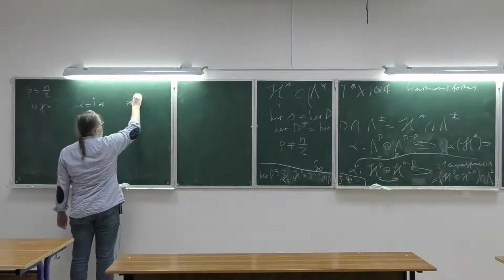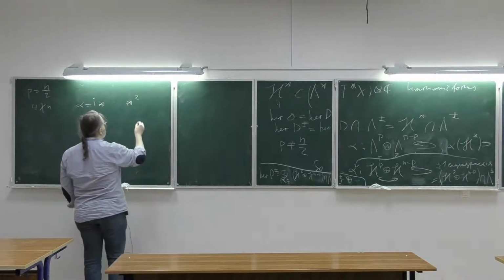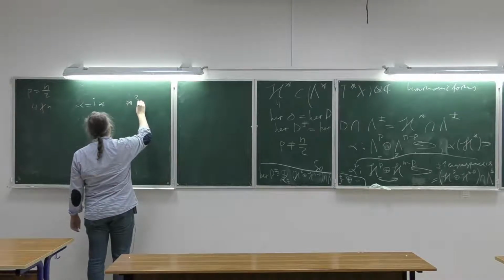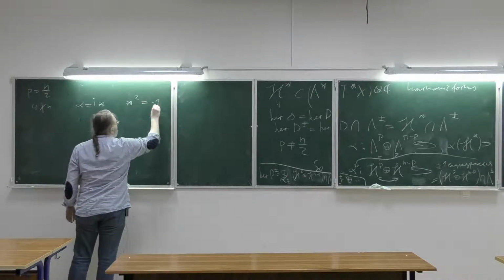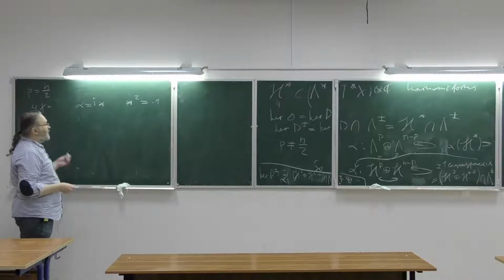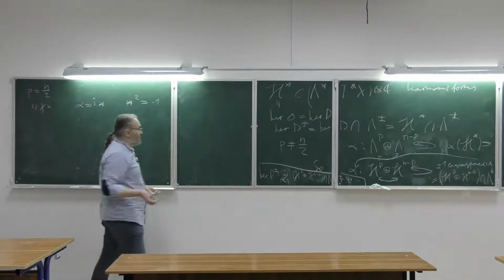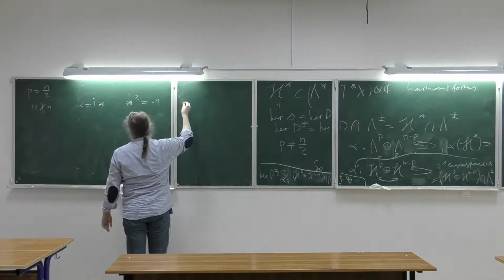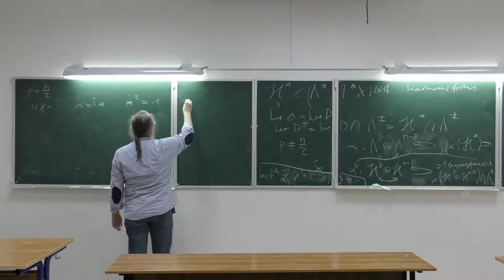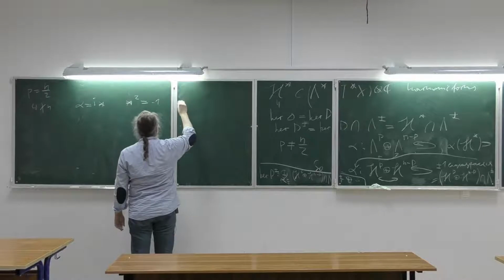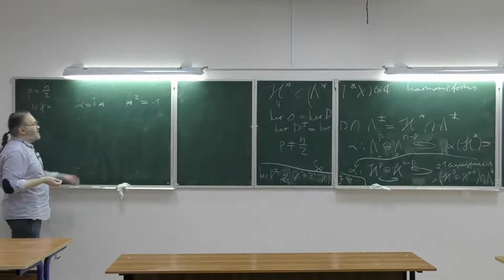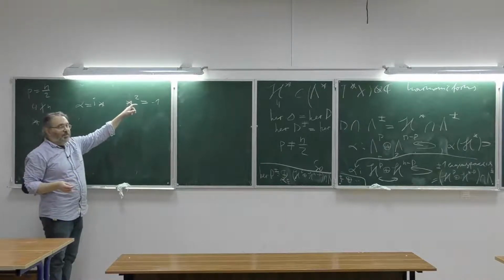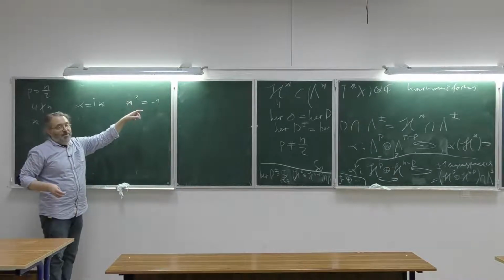Now, alpha squared is 1. So the star squared is -1, which is basically something we already know from the formula for the star squared, which I mentioned last week.